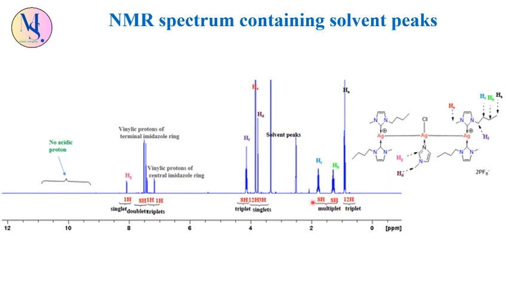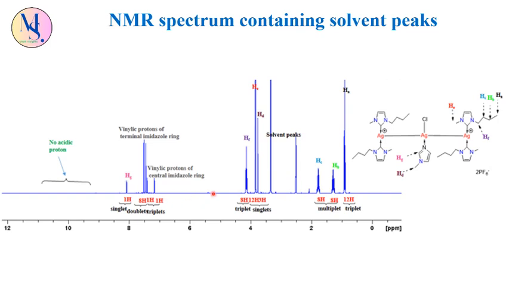Actually, the deuteration of solvent doesn't mean that all the protons are replaced 100%. The deuteration may be 90%, maybe 95%, but 100% deuteration is almost impossible.